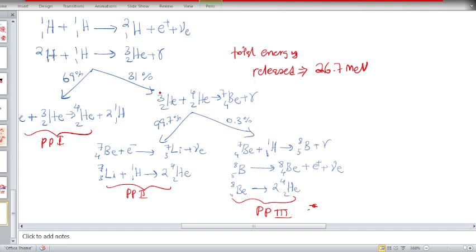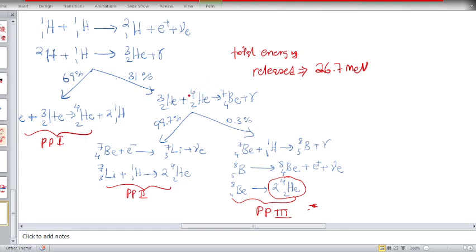You will get 2 helium nuclei at the end, and in between you have the positron released here and the neutrino released here. You can balance this equation and check later how many protons are used and how many helium nuclei are produced.